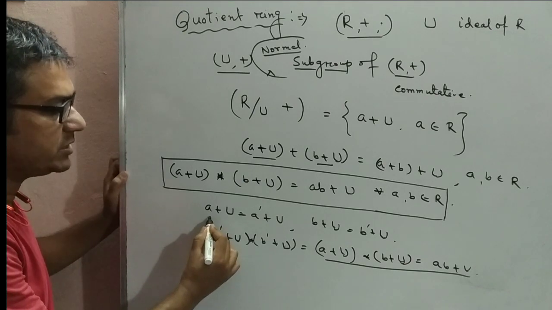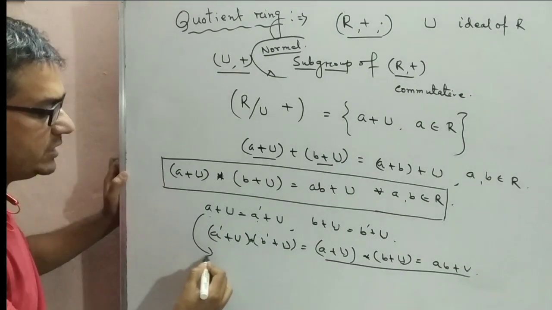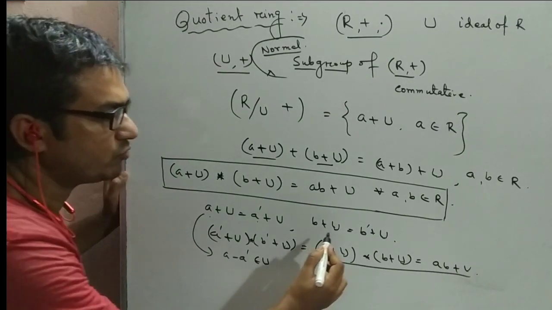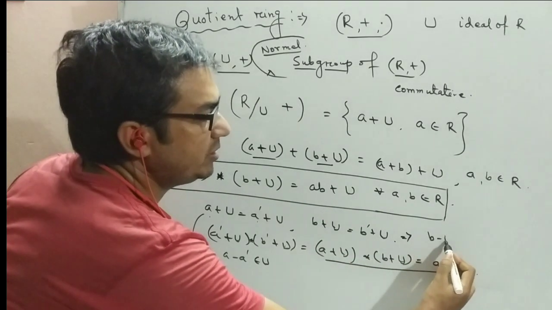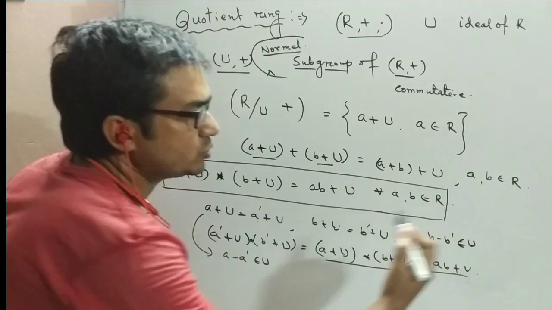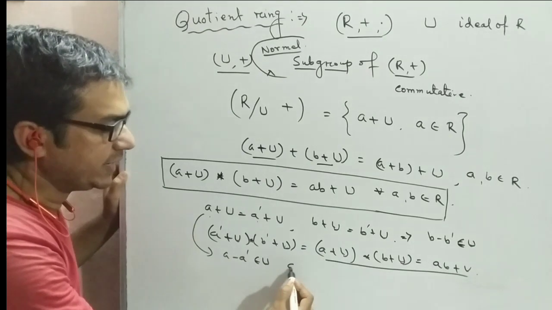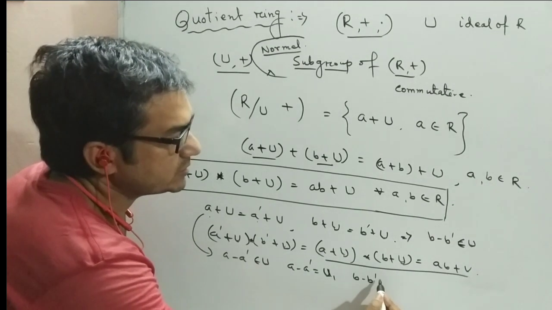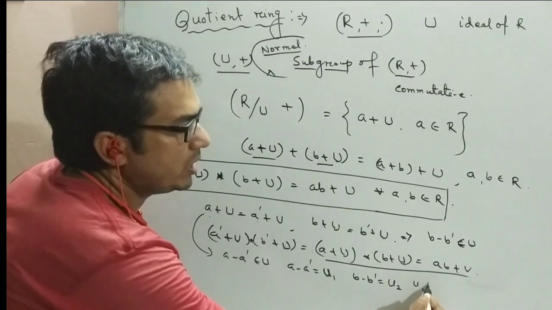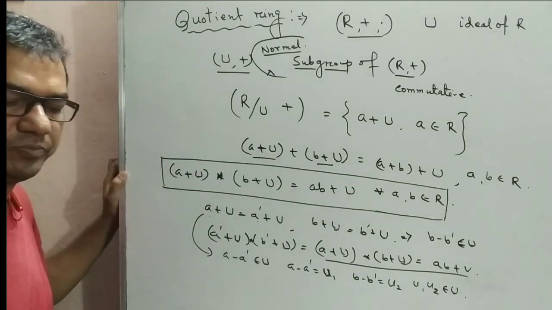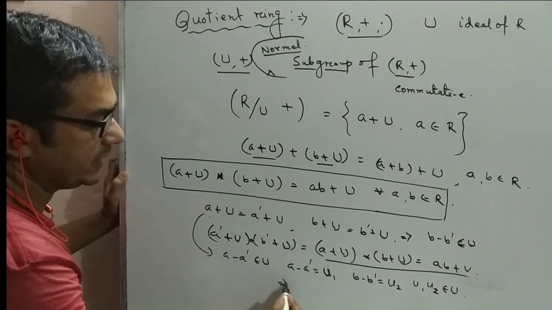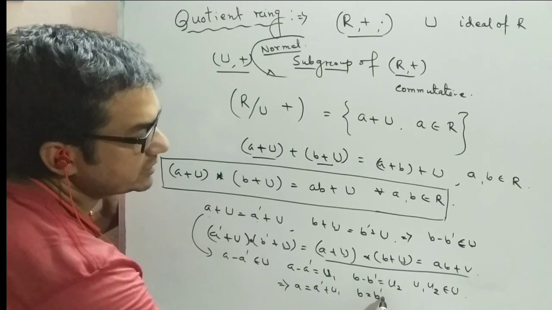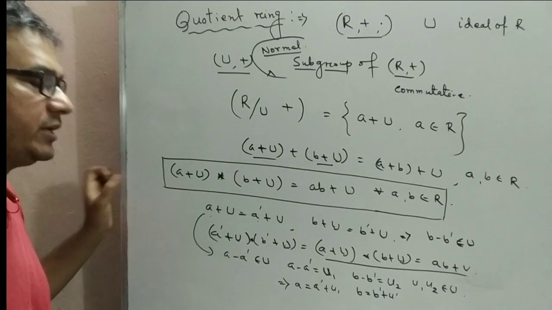Now, since A plus U equal to A dash plus U, this relation implies A minus A dash belongs to U. Also, from this relation we have B minus B dash belongs to U. That is, we can take A minus A dash equal to U1 and B minus B dash equal to U2, where U1, U2 both belong to U. Now, A equal to A dash plus U1 and B equal to B dash plus U2, right?